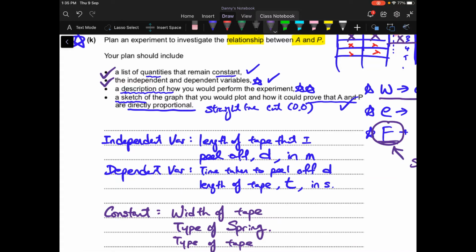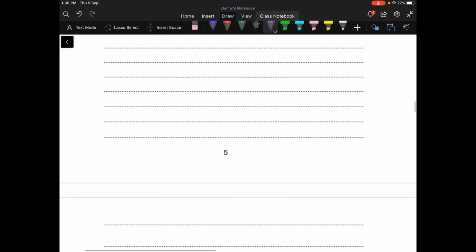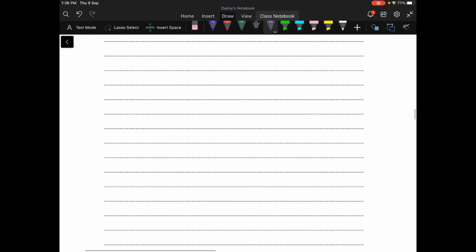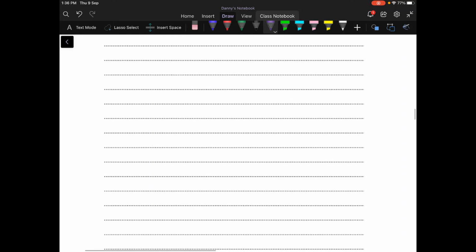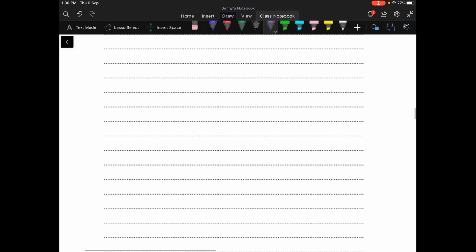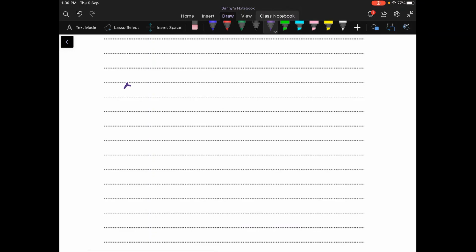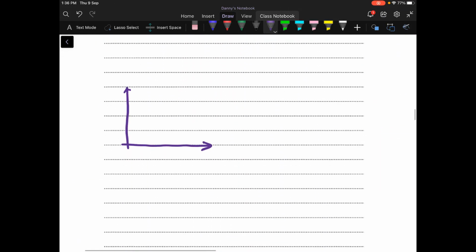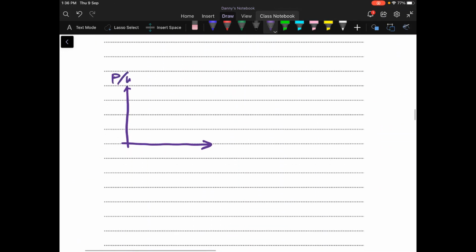Now I'm going to tackle bullet point 4. Bullet point 4 is easier to score. So I scroll to the back and I say something like I have to provide a sketch of the graph. So I provide a sketch of the graph. It is A and P. I put P in watts and A maybe in meter square, to make it easier.